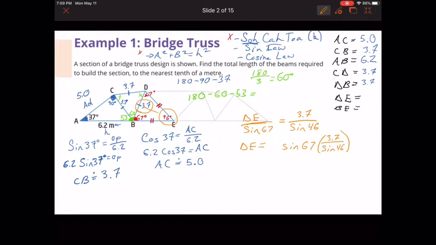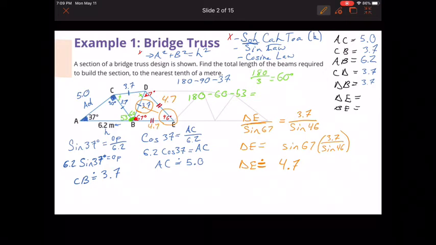Then I've got some calculator work to work through. I'm rounding, and I've been asked to round to the tenth place, which means to 1 decimal place. And I've got a length of 4.7. And since these are equal, I know that they're both going to be 4.7.